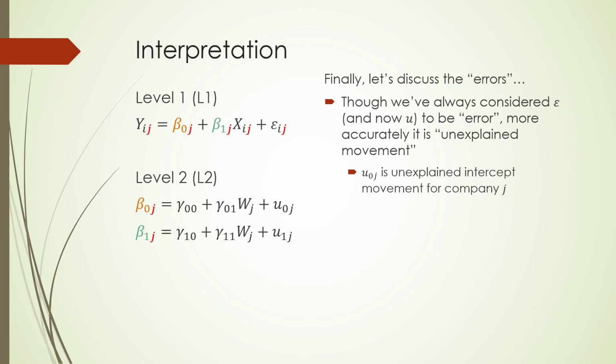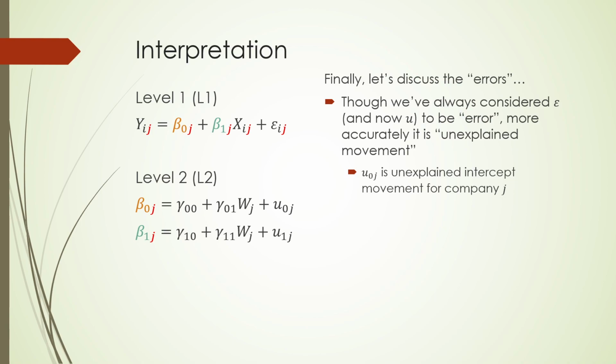The base pay, the kind of default starting value for all of the companies, is this gamma 0, 0. And then we might have different levels for private and public. That's the gamma 1, 0s to account for that. But still, companies may be different. In the level 1 equation, we still have a customized equation for every company. That's still going on. And how we do that is this u sub 0j term.